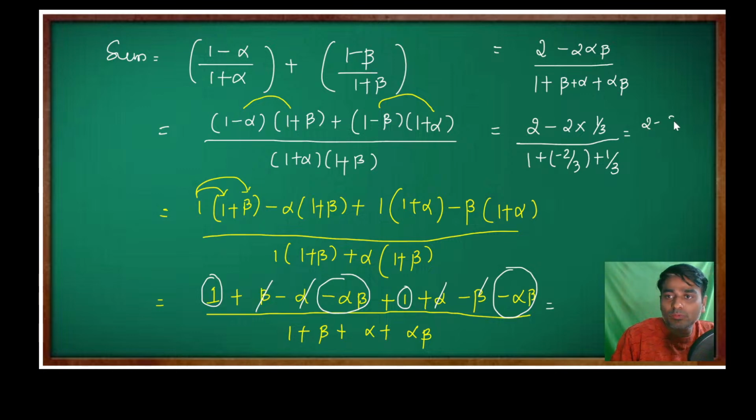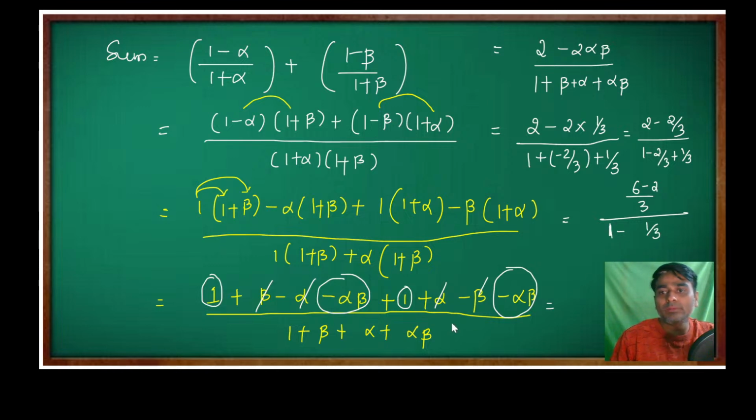So now I have here 2 minus 2 by 3 divided by, this will be 1 minus 2 by 3 plus 1 by 3, which is equal to 6 minus 2 by 3 whole divided by, how much will this be? 1 minus 1 by 3.